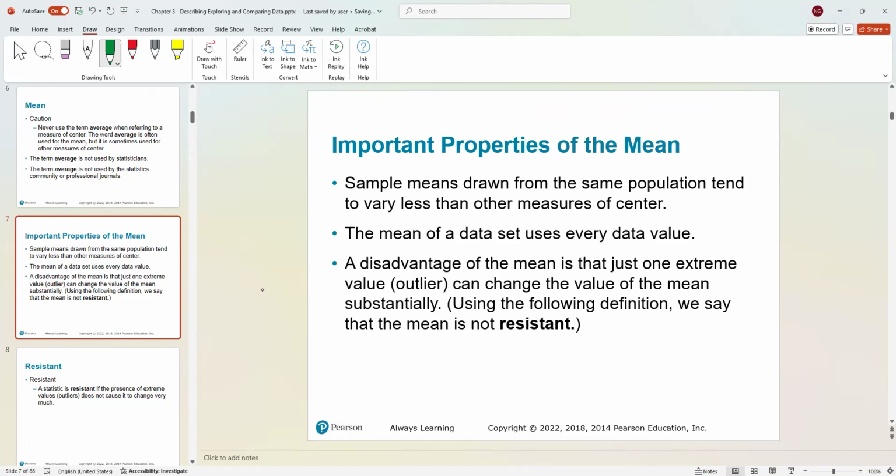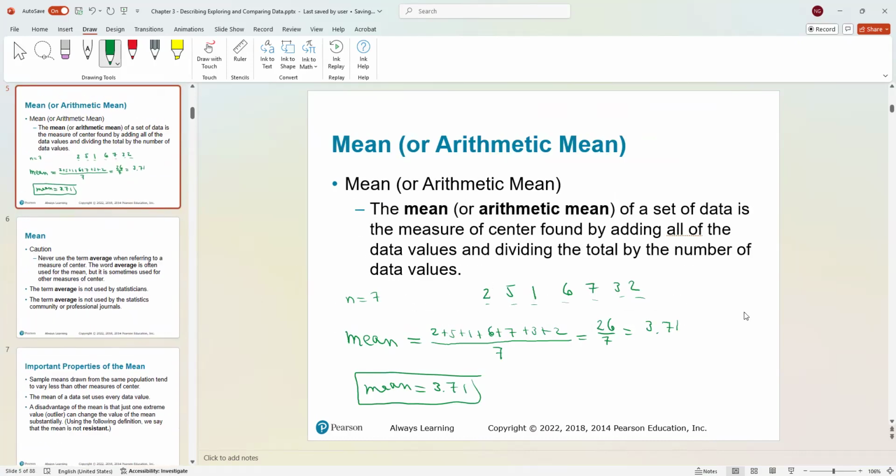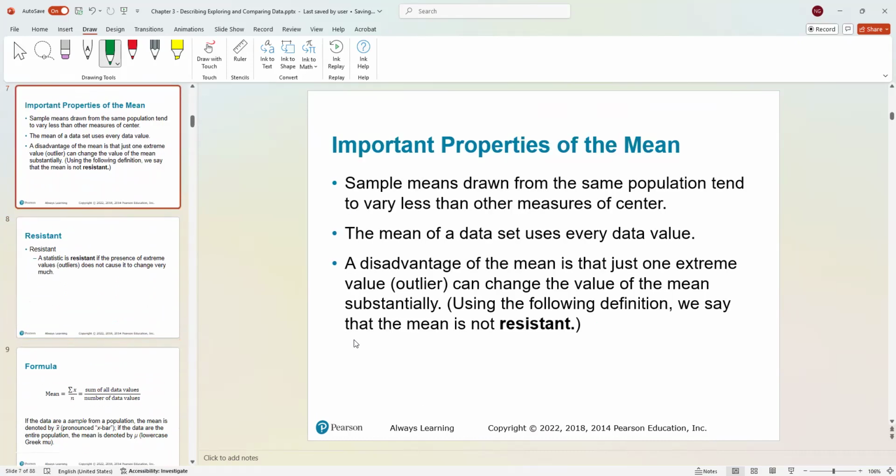So let's say for example, I'm going to pick up the same data I had here. Let's suppose I have this data set right there. This is my data set.